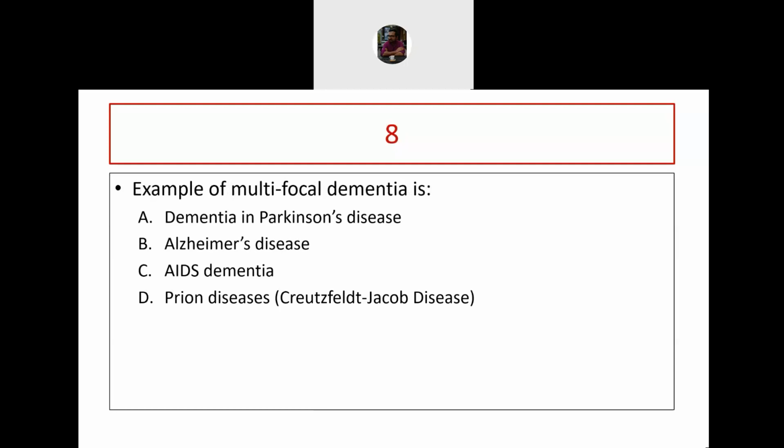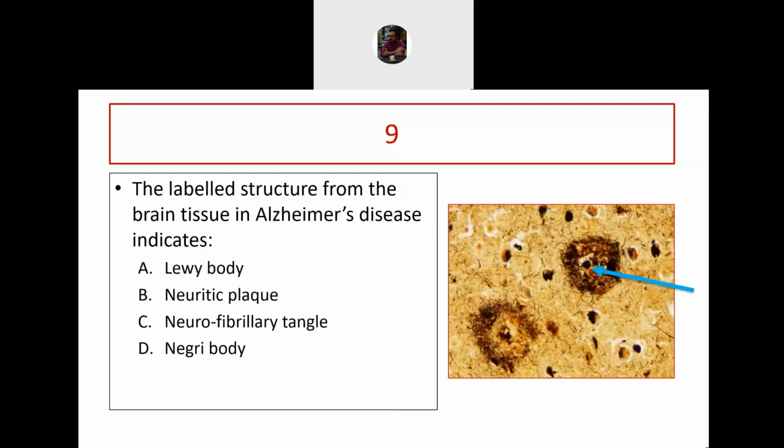Example of multifocal dementia is? Very good. The answer is prion diseases. So what is this labeled structure? The labeled structure is large, and the small black areas are actually the cell bodies.